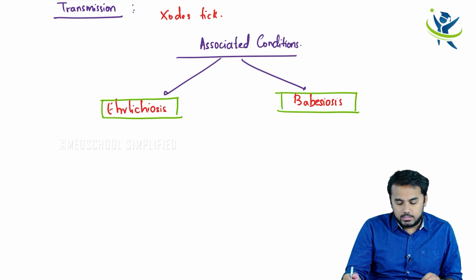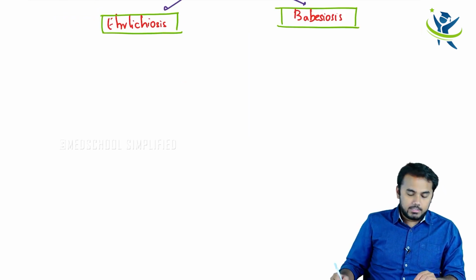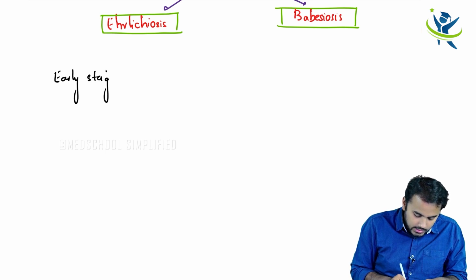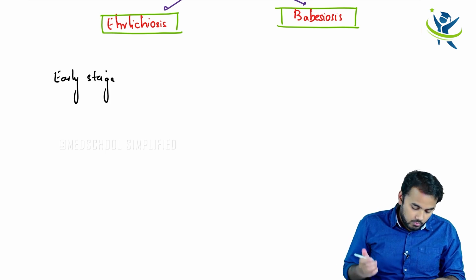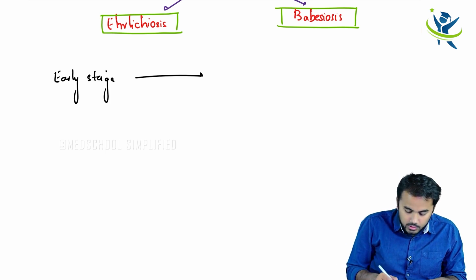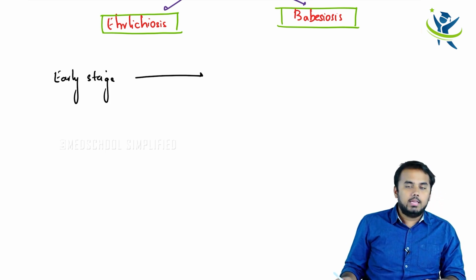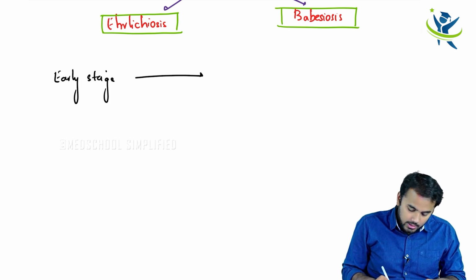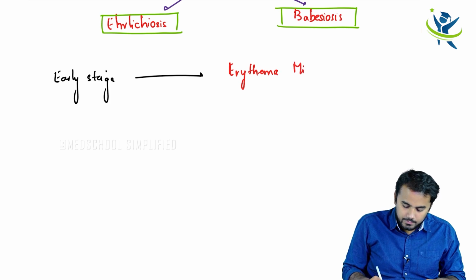What are the different stages? There are basically three different stages. One is called the early stage. What manifestations do you find in the early stage? You will find a specific type of rash, called erythema migrans.